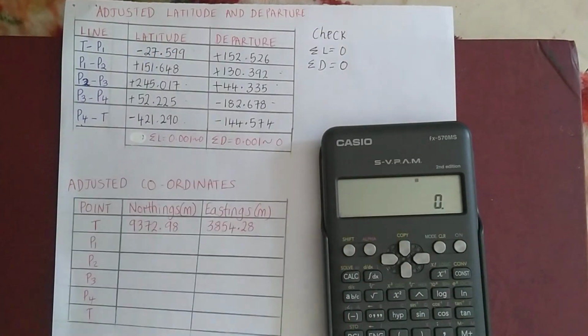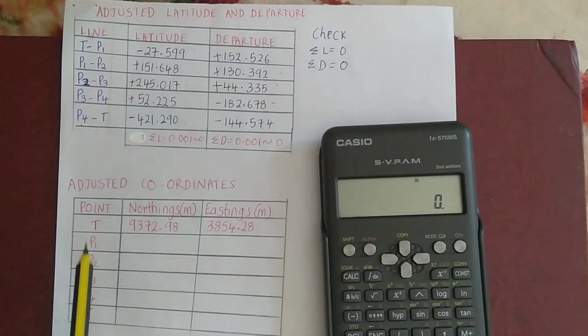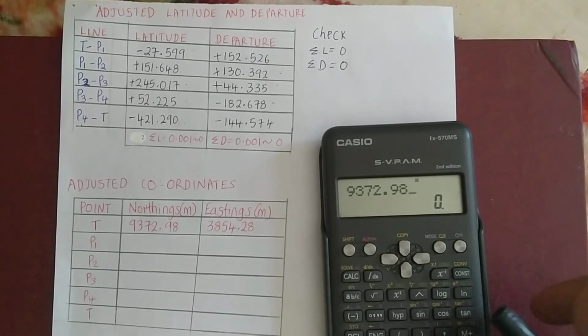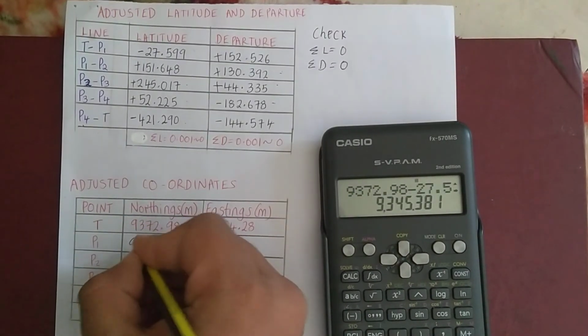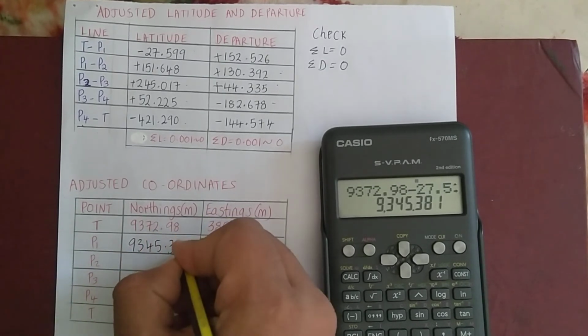So I'll take this point T we are given as 9372.98, and then if you want to calculate P1, you'll take 9372.98, and then I'll minus 27.599. So I'm getting 9345.38.